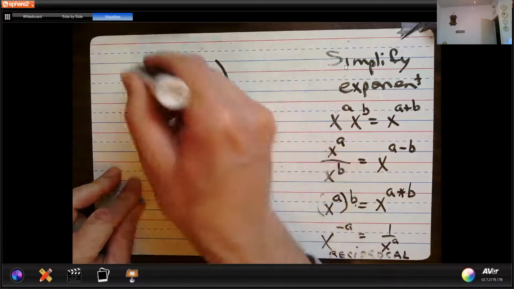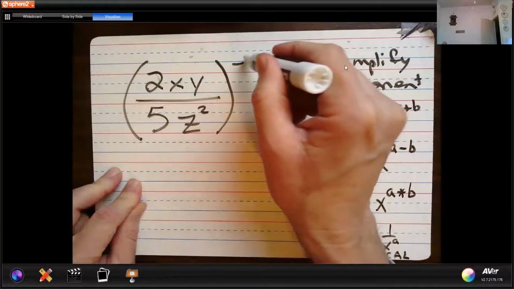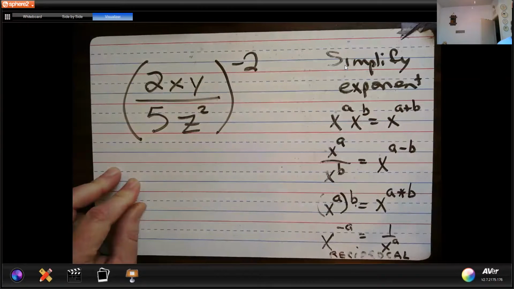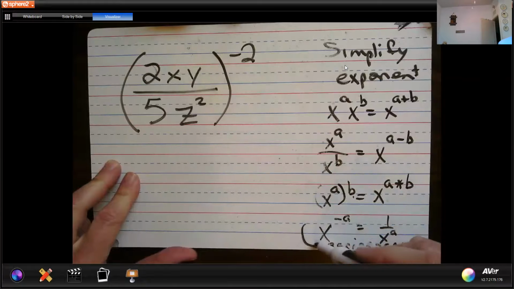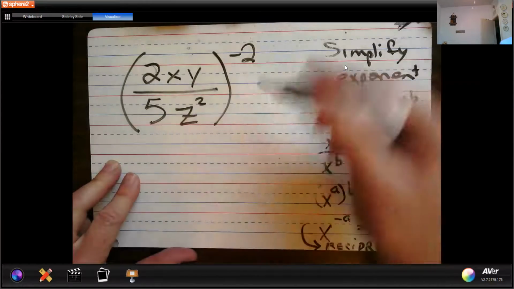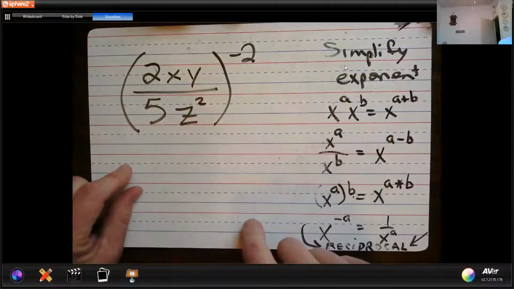The whole thing is going to be taken to the negative 2 power. Oh my goodness, what does that mean? Well, we know that negative exponents means reciprocal. That's what we mean. So the negative means we're going to flip everything upside down.